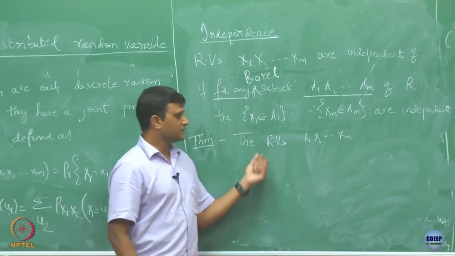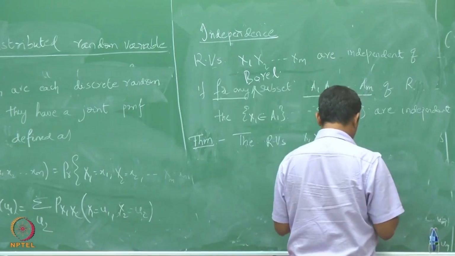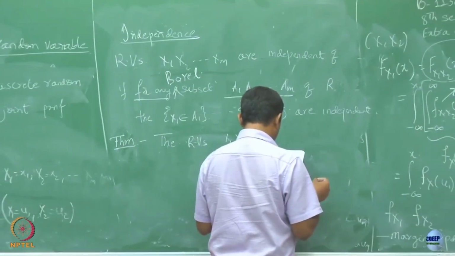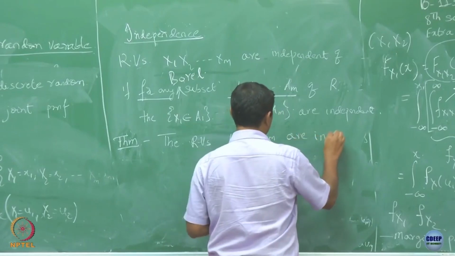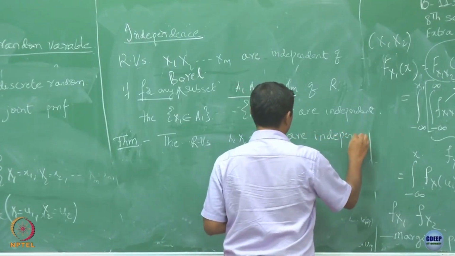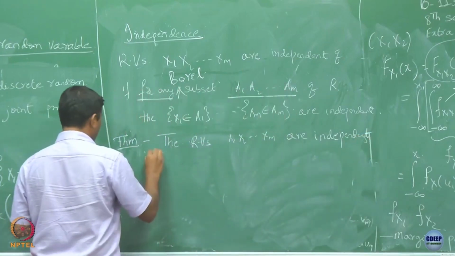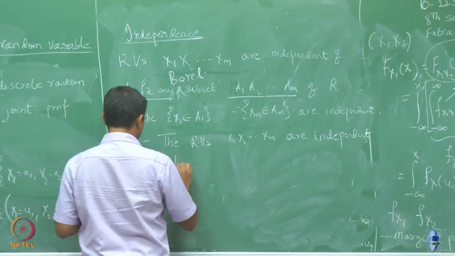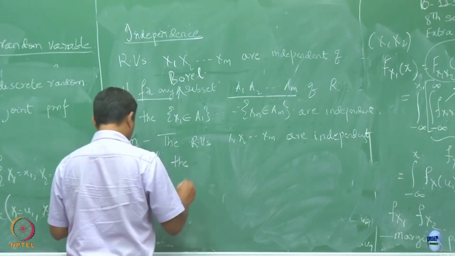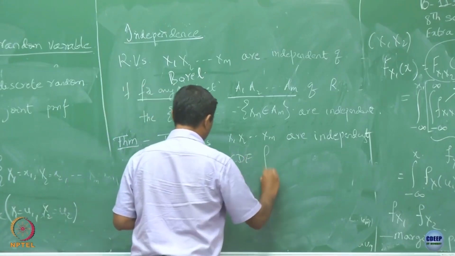Okay, so suppose I have a set of random variables X1, X2, all the way up to Xm. Then we are going to say that they are independent if and only if the joint CDF factors.